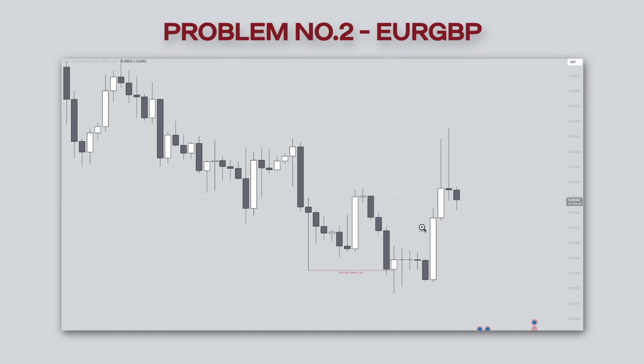So this is quite important. When Euro GBP is going higher, that means that if you are looking for shorts, GBP is the weaker one. So you should be trading GBP rather than Euro USD.